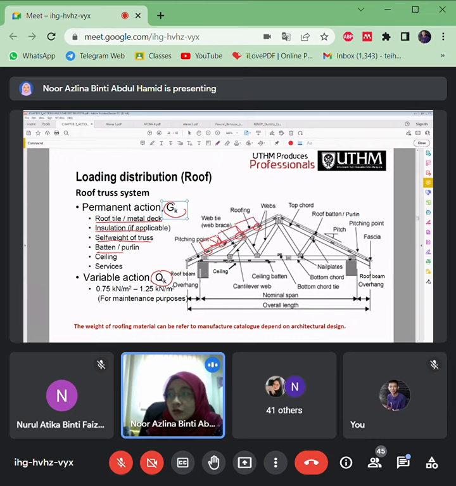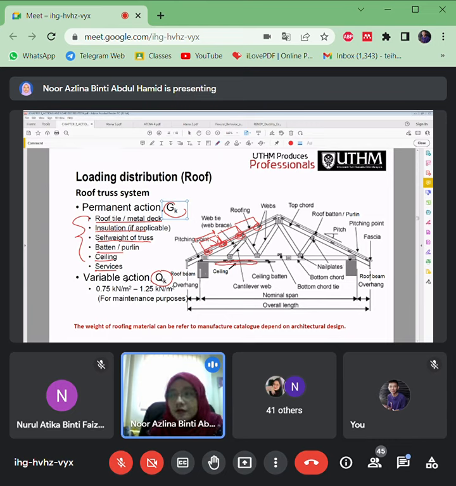That's why we have to arrange these purlins according to the length of the metal deck. Then there is the ceiling here, which is also supported by the trusses, and then also any services. All of this will be considered as Gk.